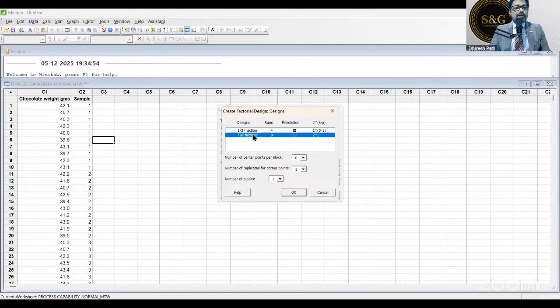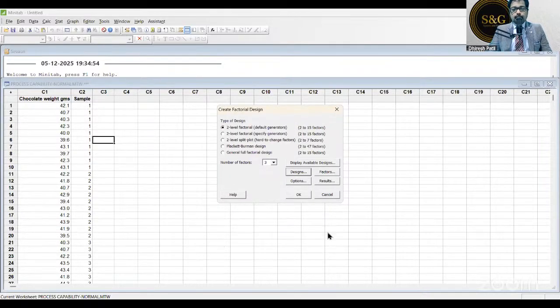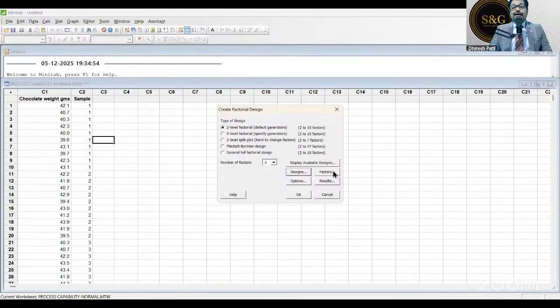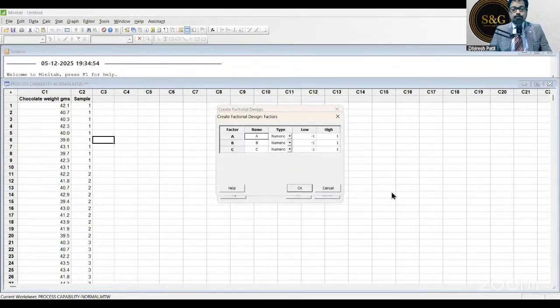Select full factorial and click on OK. So here the number of factors we have written is 3. In designs we have selected full factorial, and we have clicked on OK. Go to factor.